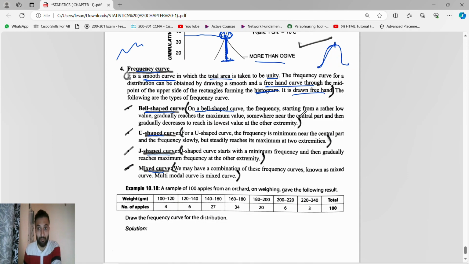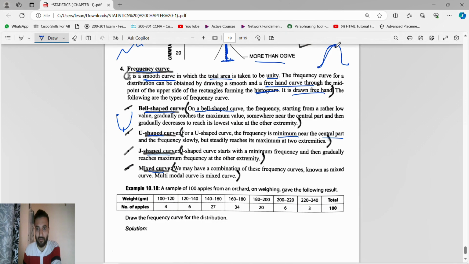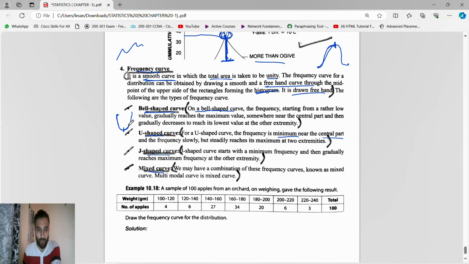U shape is like this: the frequency is minimum at the central point. It starts from the highest value, reaches the minimum at the central point, then again reaches the highest frequency.